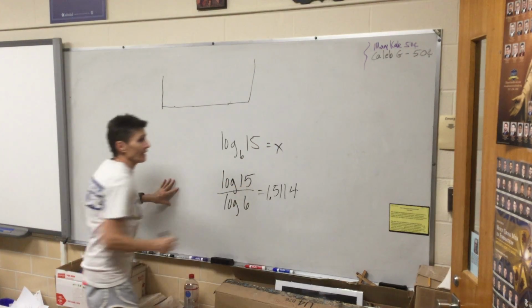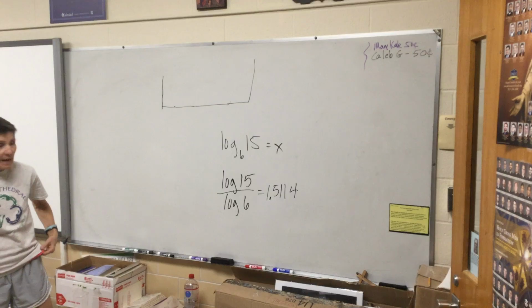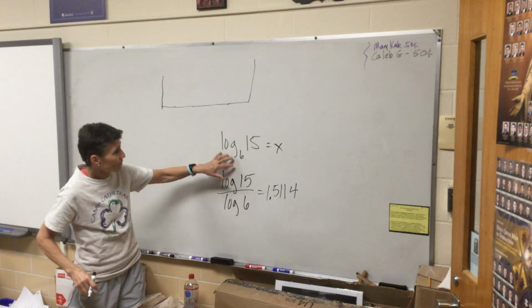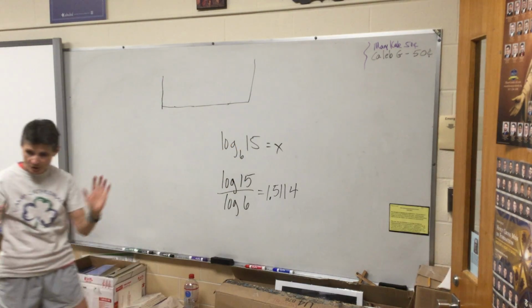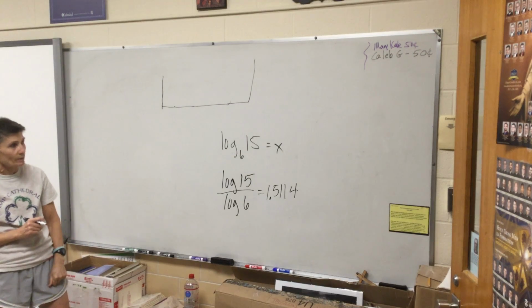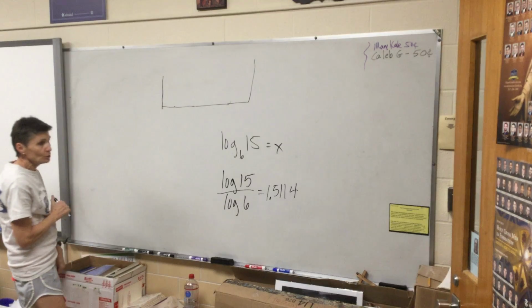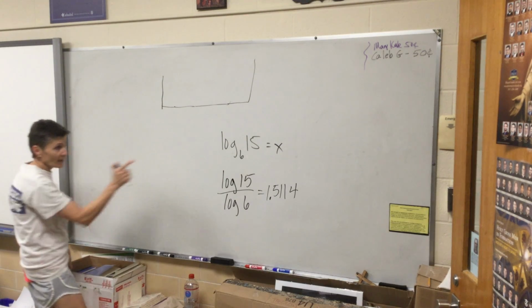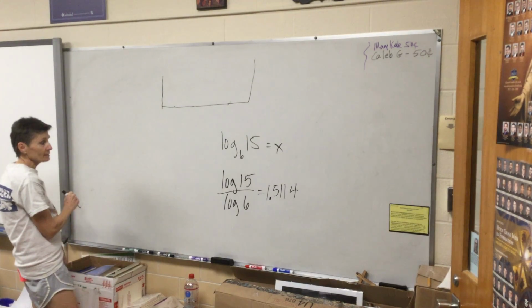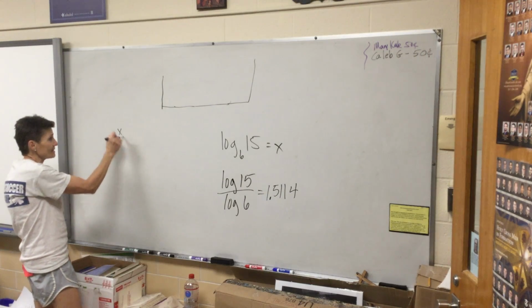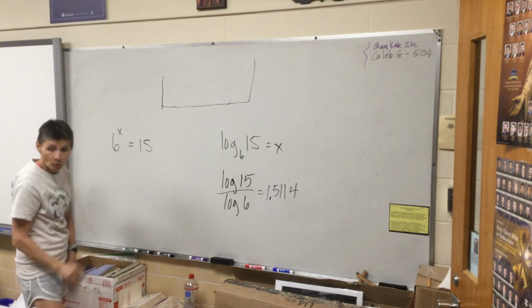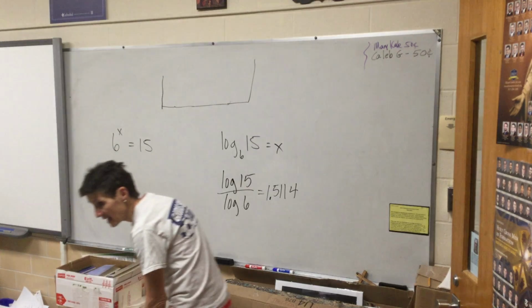Let's set it equal to X. After all, you're trying to figure out what this equals. It equals X. If I do a loop-de-loo on that, I'll get 6 to the X equals 15. Would you agree with that? 6 to the X equals 15?